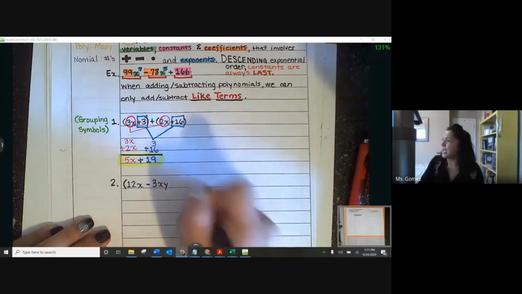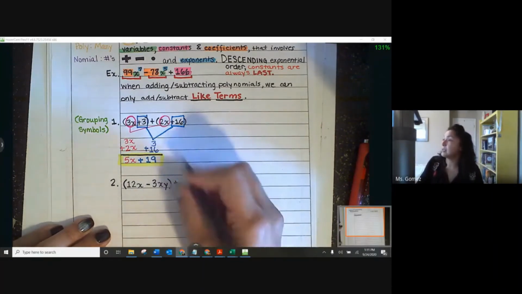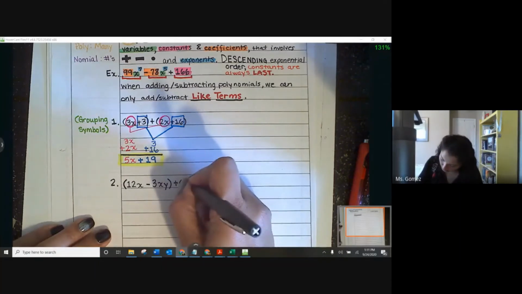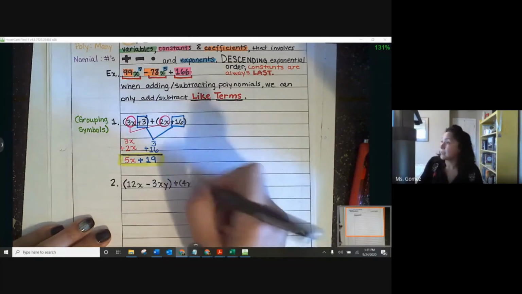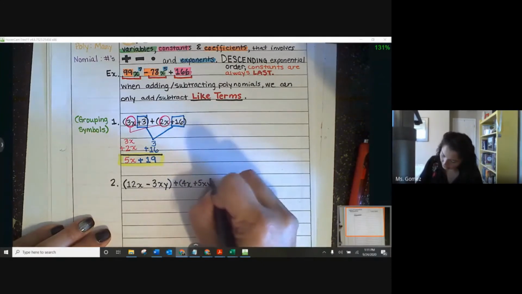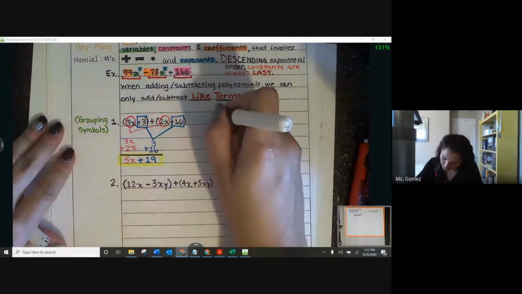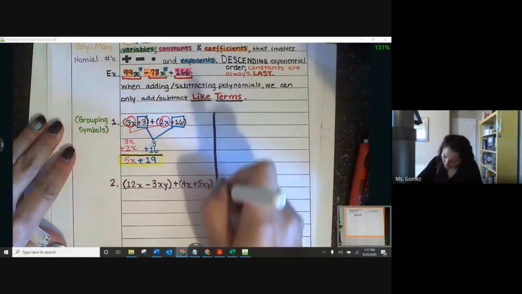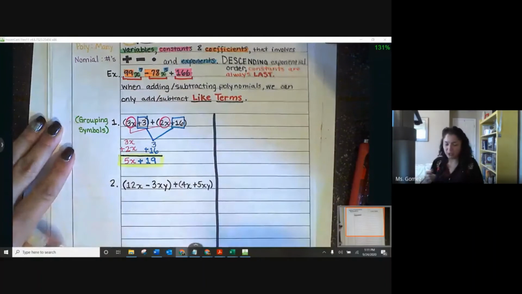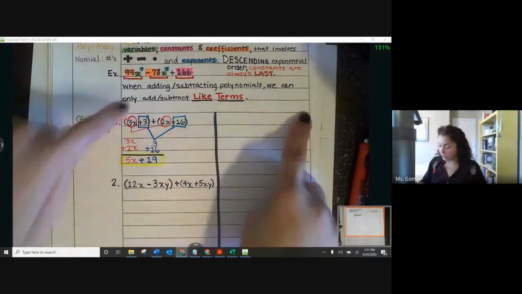Then it closes that group and says plus a group of 4x plus 5xy. Oh, and you know what? I forgot to draw that line across here. Okay, there we go. So these are the ones that we're doing together, and these are going to be the ones that you do on your own.